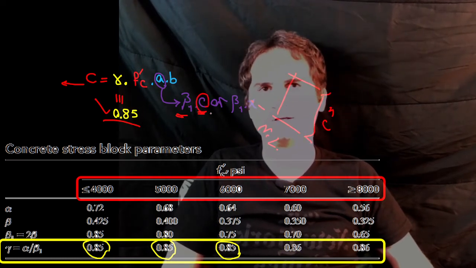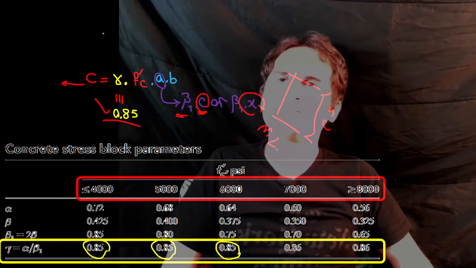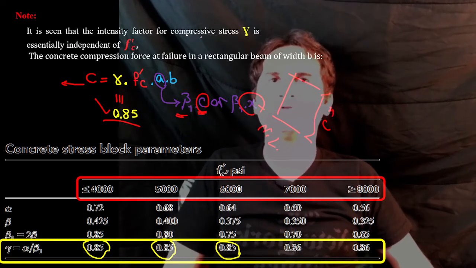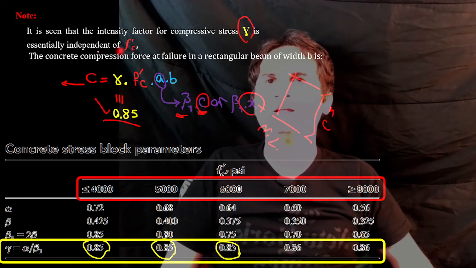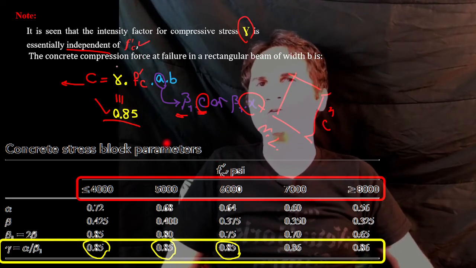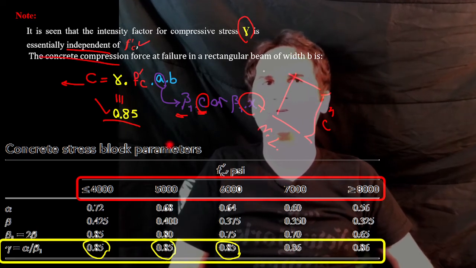You can use either of these. It seems that the intensity factor for compressive strength gamma is essentially independent from F prime C. So you can just replace it with 85% for the concrete compression force at failure in a rectangular beam.